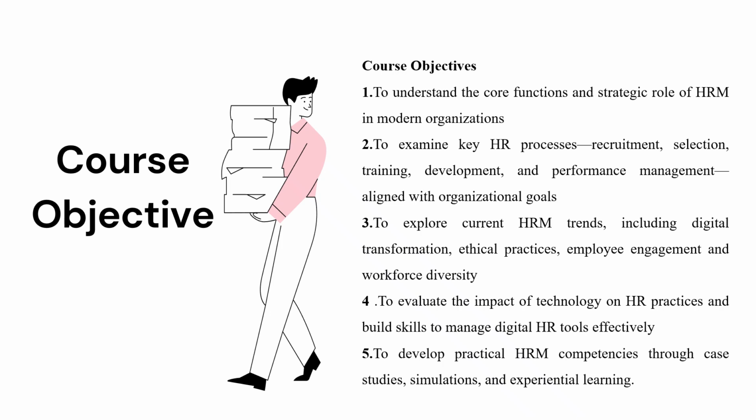In the second objective, you will understand all major functions of HR like recruitment, selection, training, employee development, and performance management. These functions help organizations to hire the right people and improve employee performance.